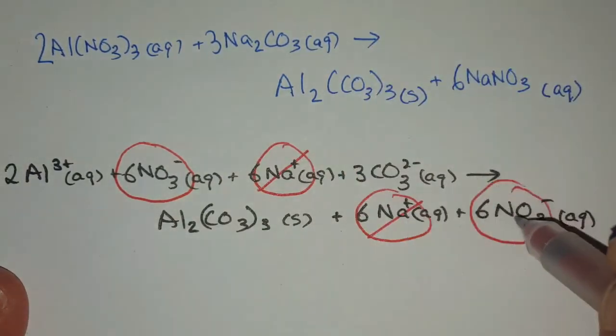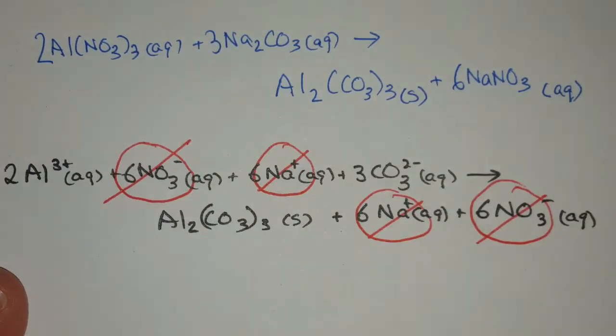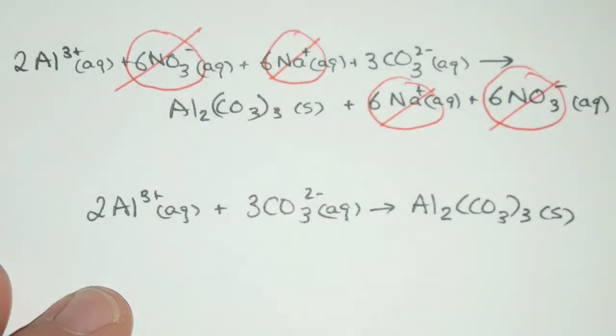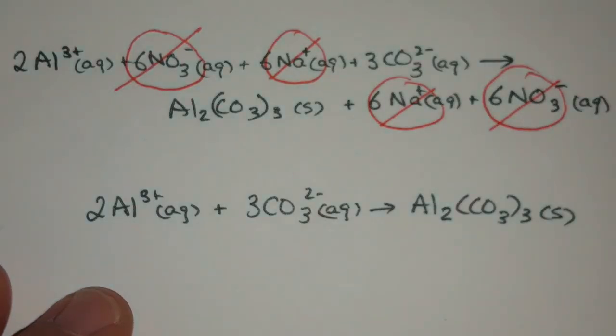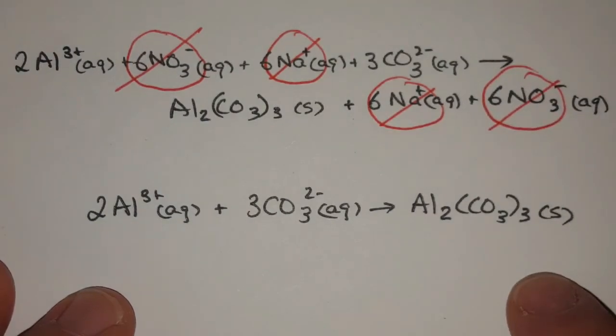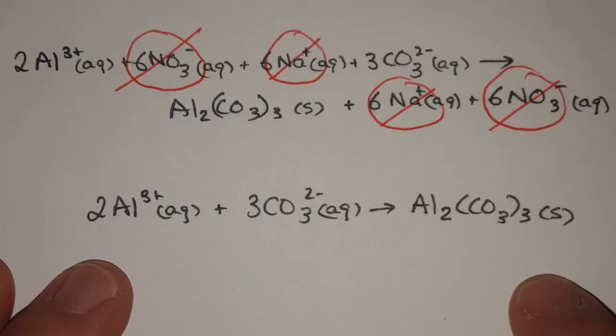So they're both spectators, and we can remove them. Then all we have to do is write our net ionic equation with what's left. And here would be our net ionic equation once we've removed our spectators.